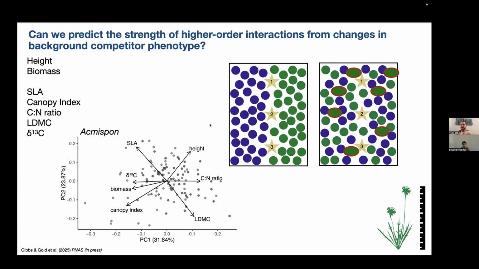So that's the big picture: we now have a way to decide how much did the background competitor traits change as a function of the spatial arrangement. And then we can just ask, can we predict the strength of higher order interactions that I've been showing you previously from these changes in background competitor phenotype?